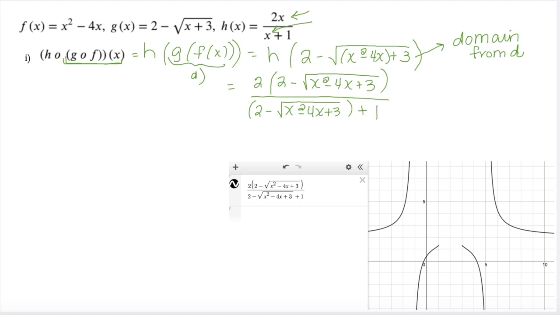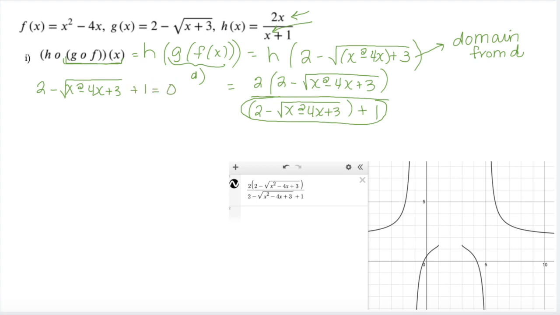We already know the domain of the numerator there, that x squared minus 4x plus 3. We're going to use that to build on from example D. What we do need to find is the denominator where this is equal to 0. So where is 2 minus the square root of x squared minus 4x plus 3, plus 1, where is this equal to 0?